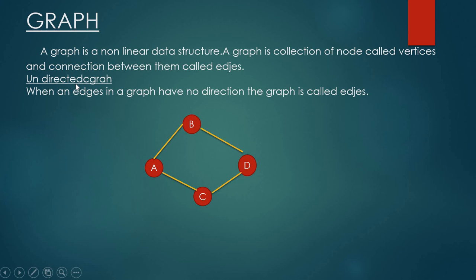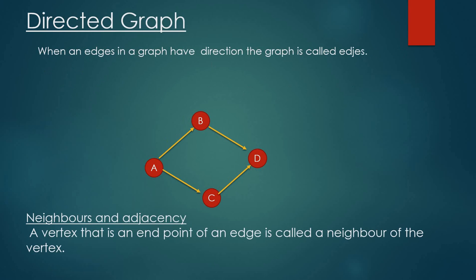Then, undirected graph. An undirected graph means, see, it is a graph and its edges have no direction. So, this one will be an undirected graph. Then, a directed graph means all the edges should have direction.